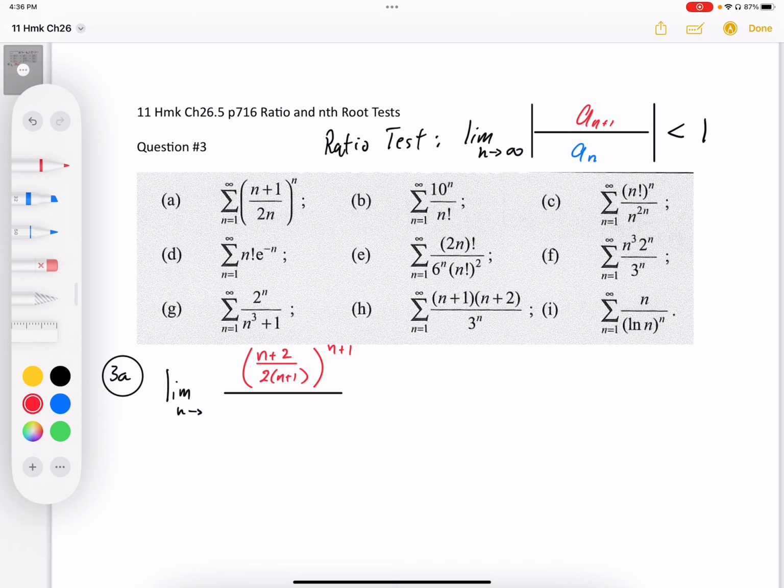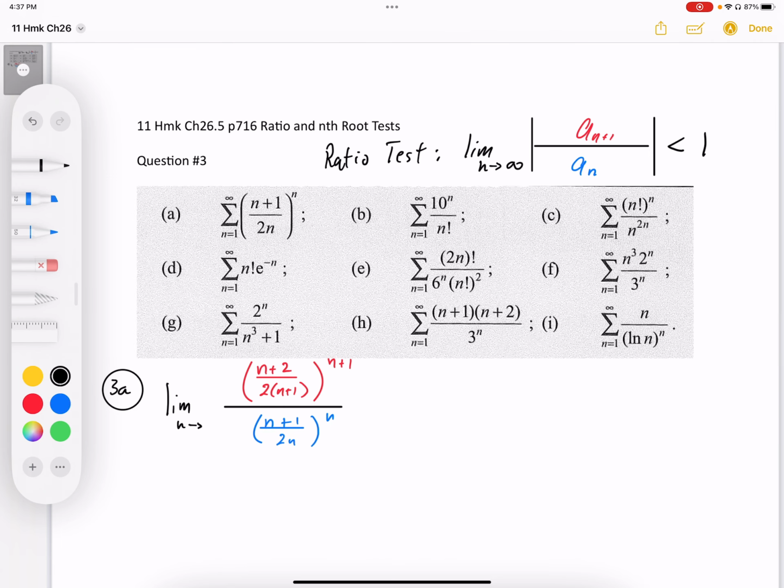Okay, so that's our an plus 1, and then our an is going to be n plus 1 over 2n, all over n. Okay, so we should group some of these terms together, things that are similar. So we are going to simplify this expression.